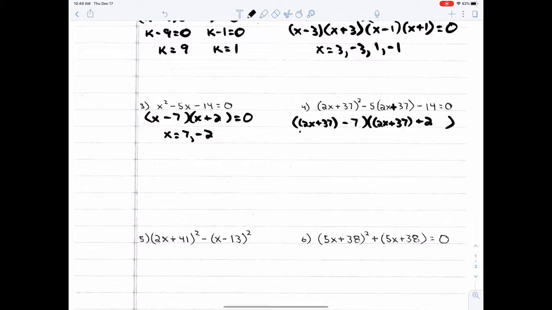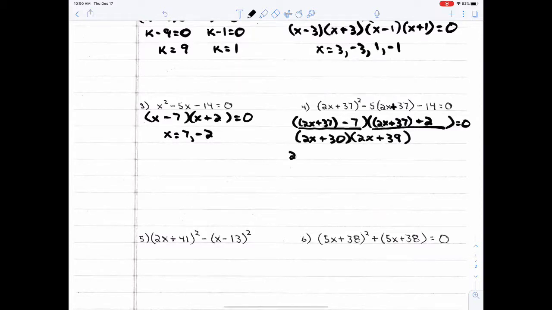Then what does this simplify into? If I simplify this whole thing, you just get 2x plus 30. And if I simplify this whole thing, it should be equal to 0. You get 2x plus 39. And then you should pretty much be able to just look at this and figure out what the answer is.